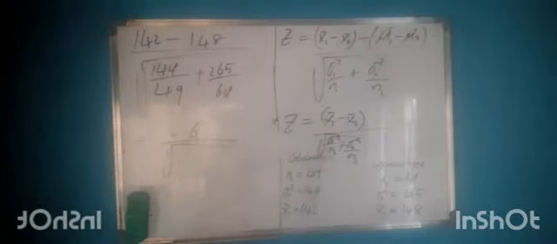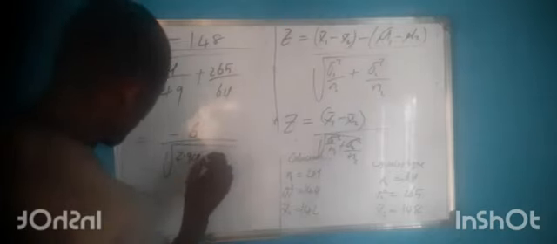This is equal to minus 6 all over the square root of 144 over 49, which will give us 2.94, plus 265 over 64, which will give us 4.141.